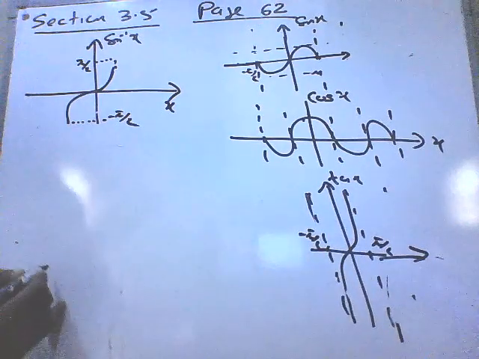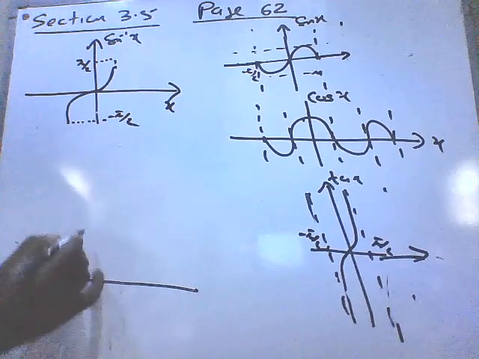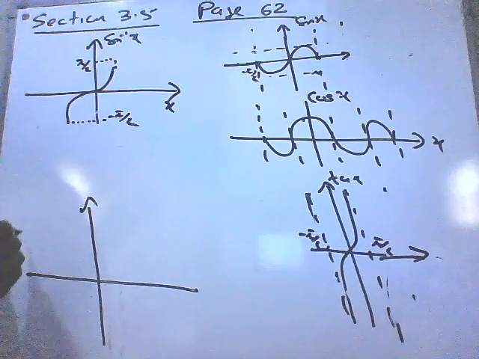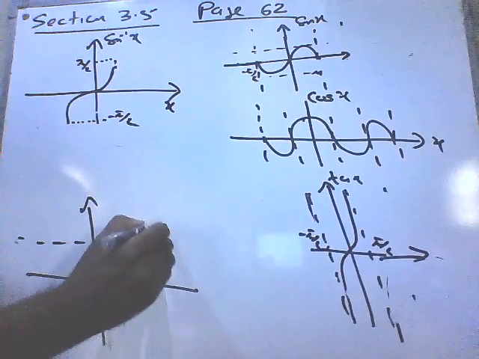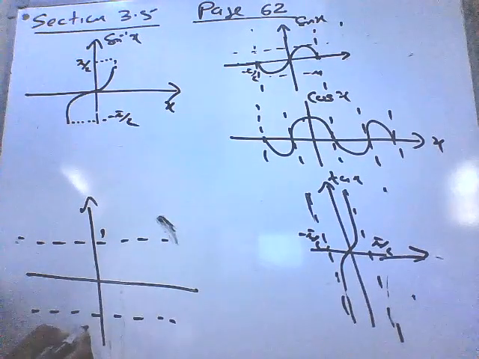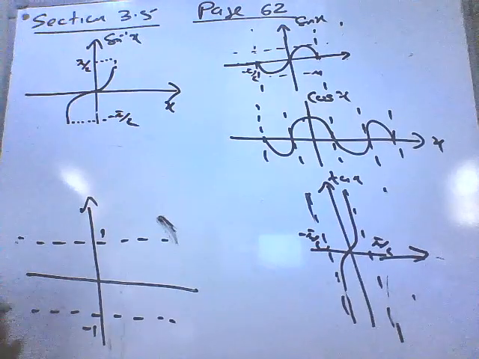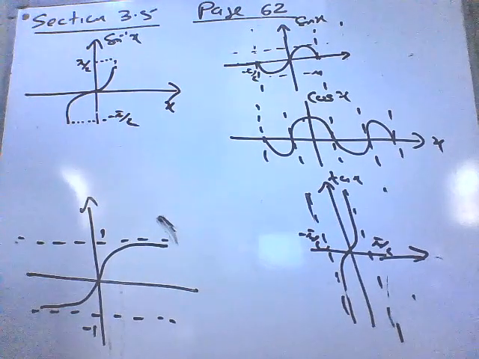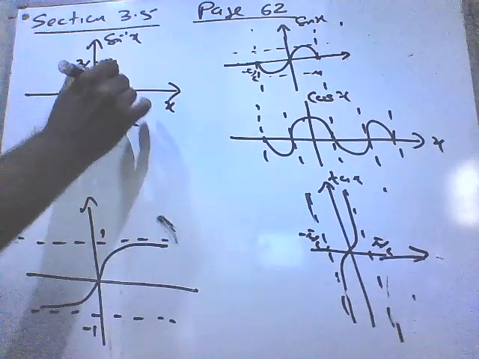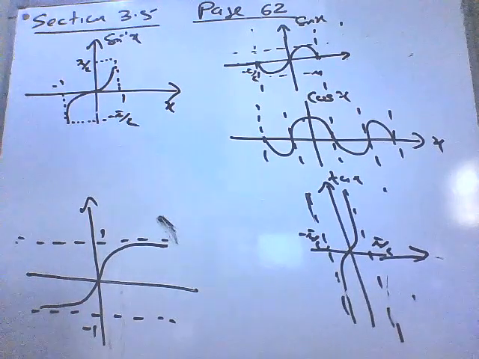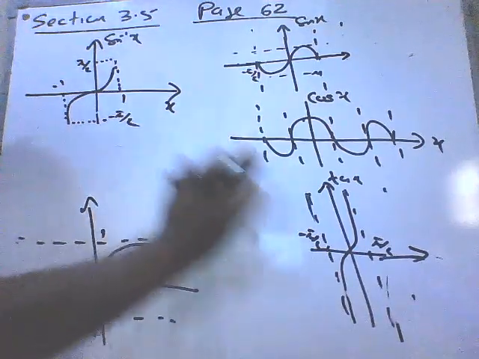Our tan will be 1 and minus 1, and if you take the reflection, it will go like this, and here it is also 1 and minus 1.